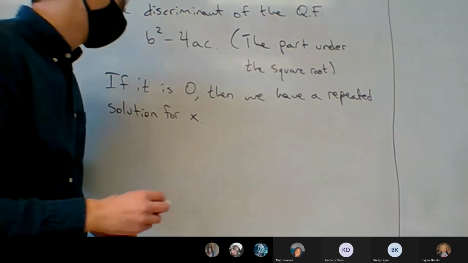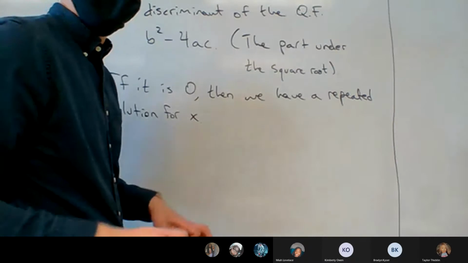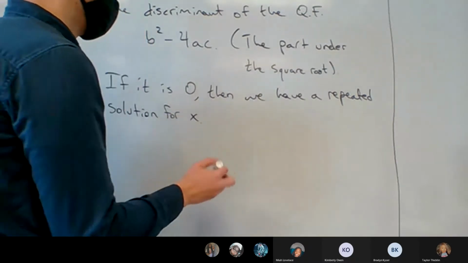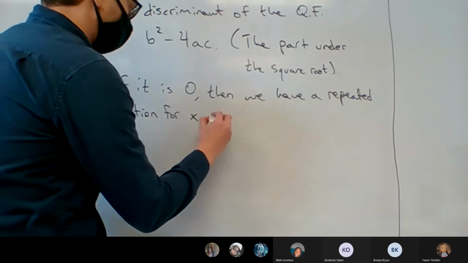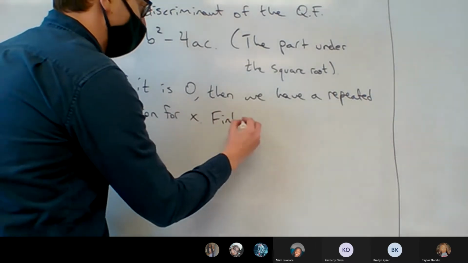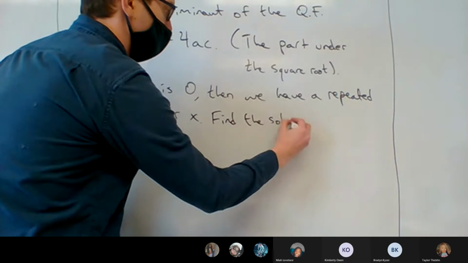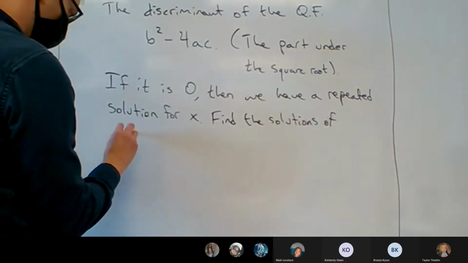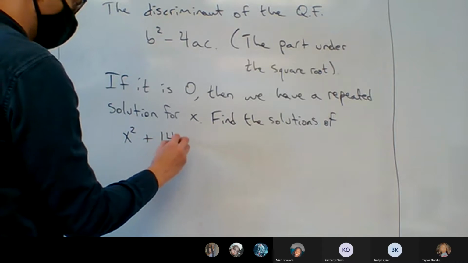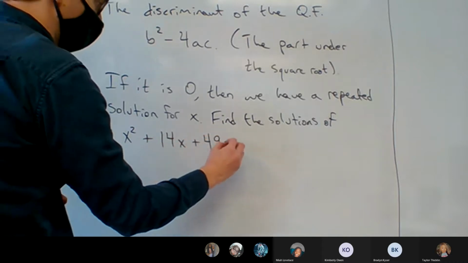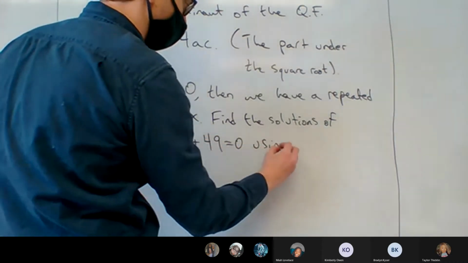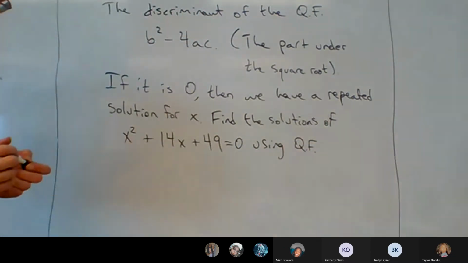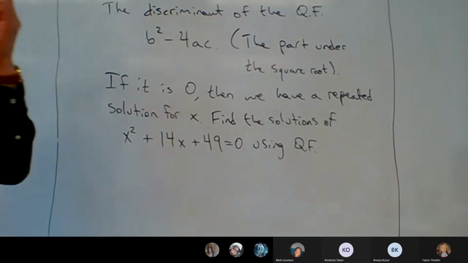So what I want you to do is for your own, this will have to be outside of class because I really want to get to the next section today. To see this, find the solutions of, just go with this one, x squared plus 14x plus 49 equals 0 using the quadratic formula.